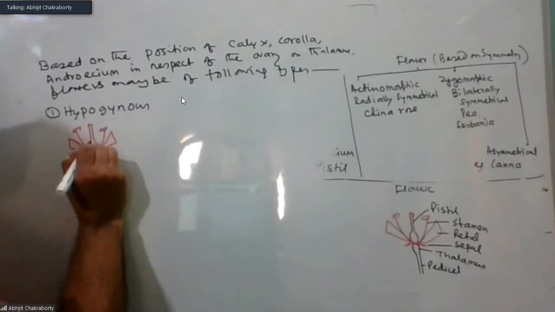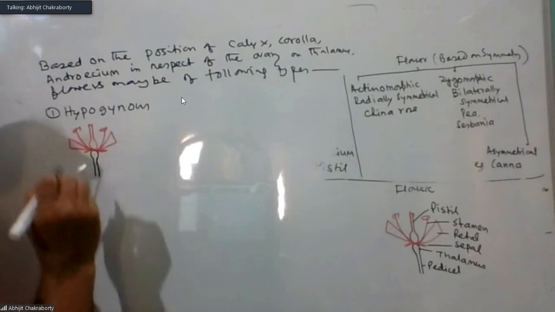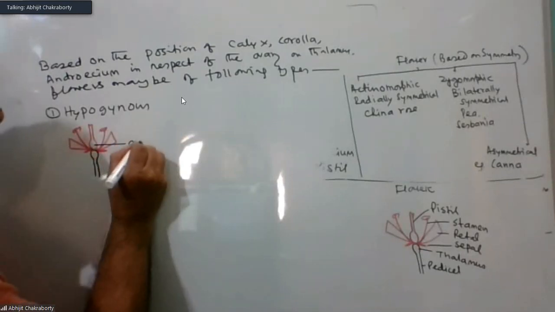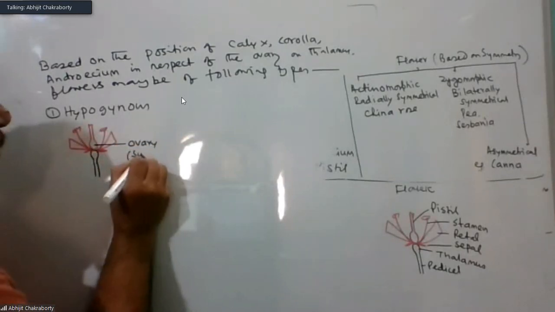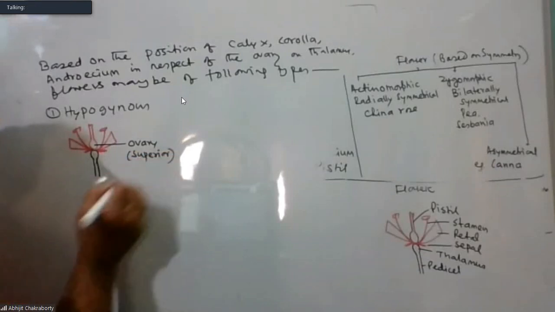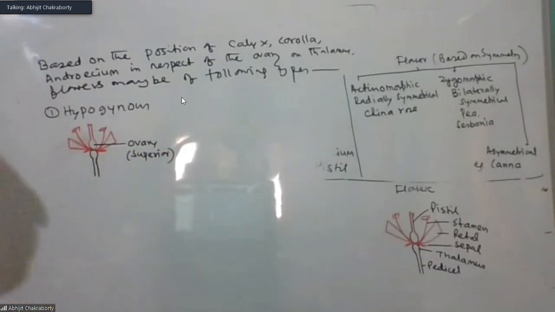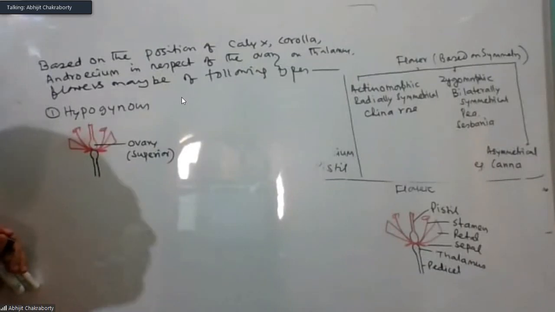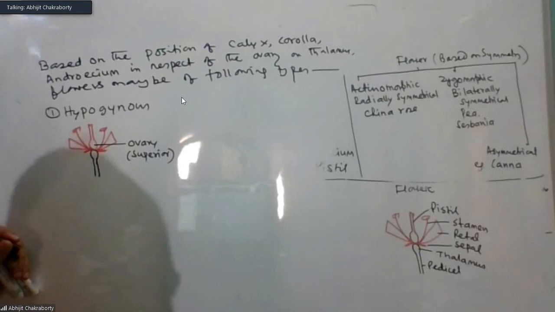This type of flower is called hypogynous, and the ovary is called a superior ovary. Why is the ovary superior? Because the ovary occupies the highest position, and from the lower part of it other floral parts are developed. So what is a hypogynous flower?